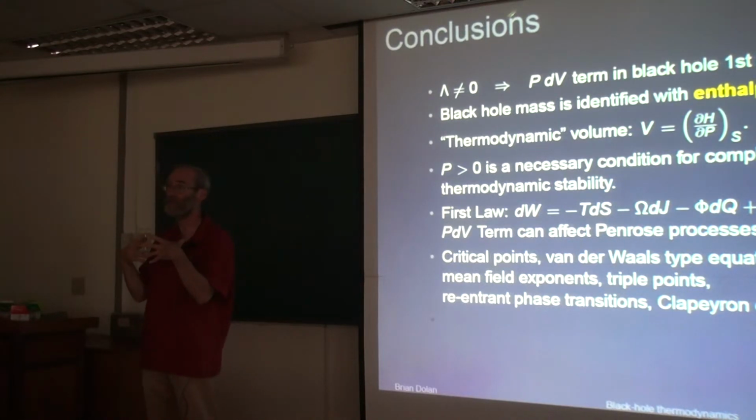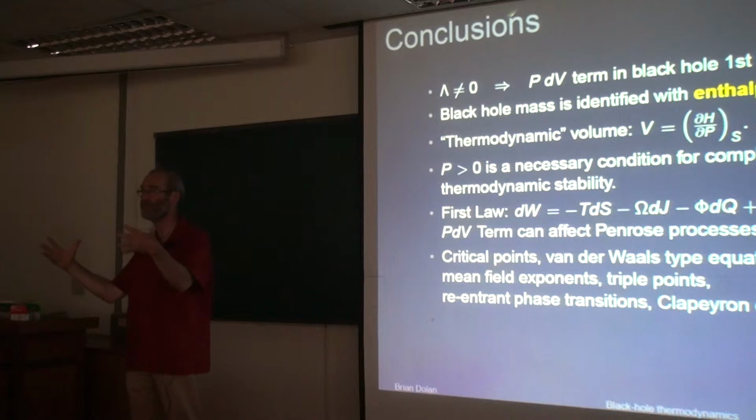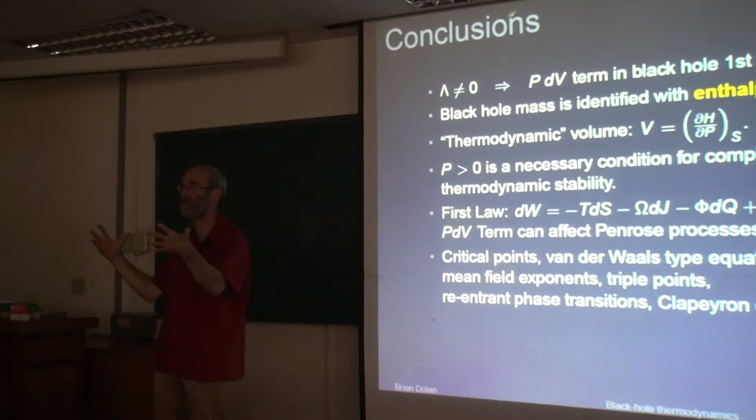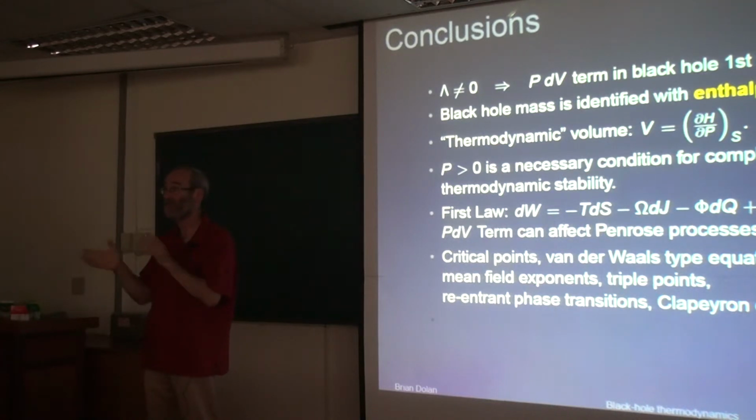But I don't think you can say that the temperature is a combination of bits from the black hole and bits from the vacuum. All you can do is write down the enthalpy and differentiate it to get a temperature. And without looking at some kind of microscopic physics, which I have never done, I don't think you can necessarily disentangle that into different components. That would be my view. I don't know if that answers your question.